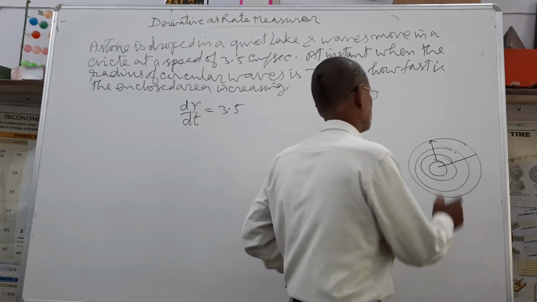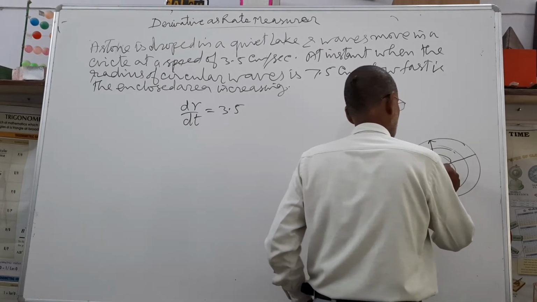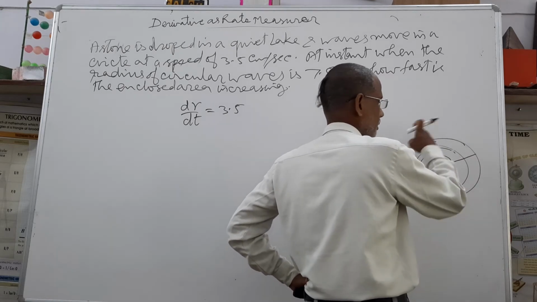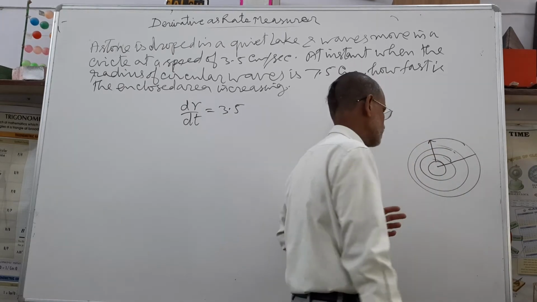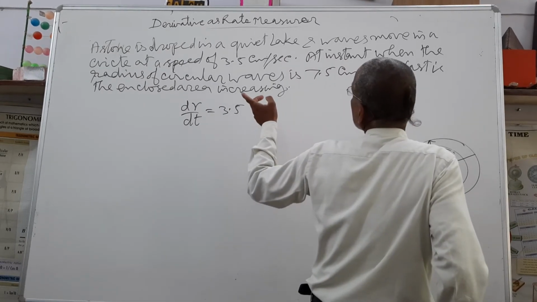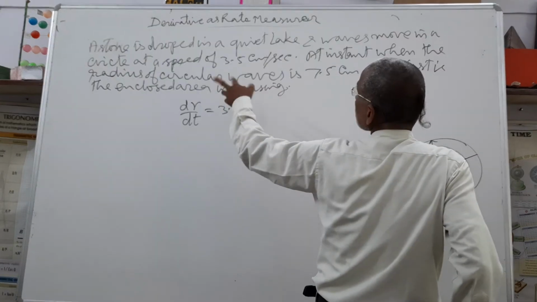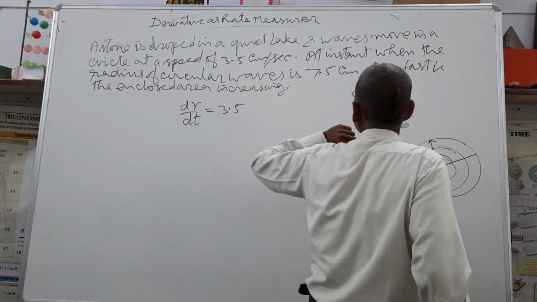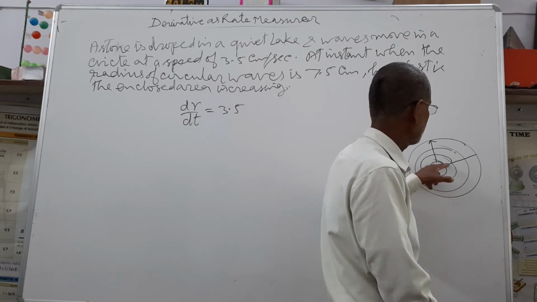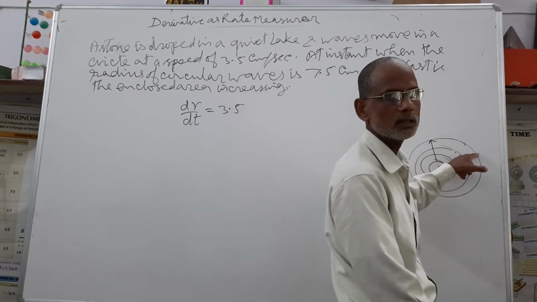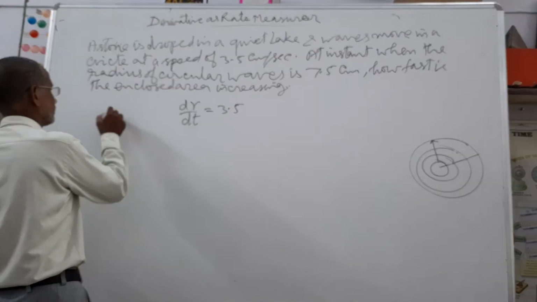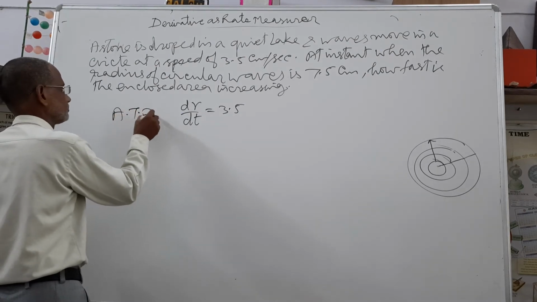From a point, the circle increases continuously towards the boundary of the lake. This increases at the rate of 3.5 centimeter per second, that is, dr dt is equal to 3.5.